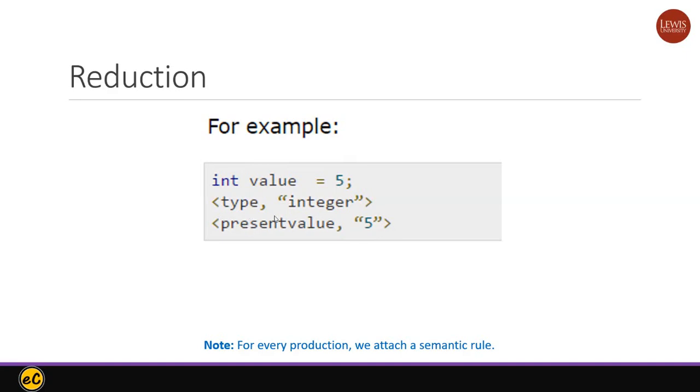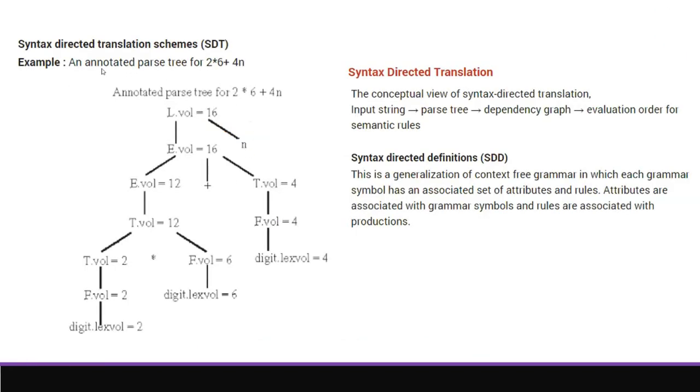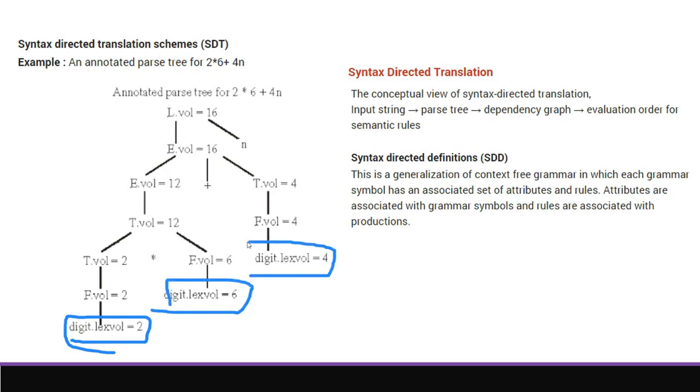Here we have a tree for 2 times 6 plus 4 n. And the evaluation tree is like this, coming from digit constant 2, digit constant 6 and digit constant 4.